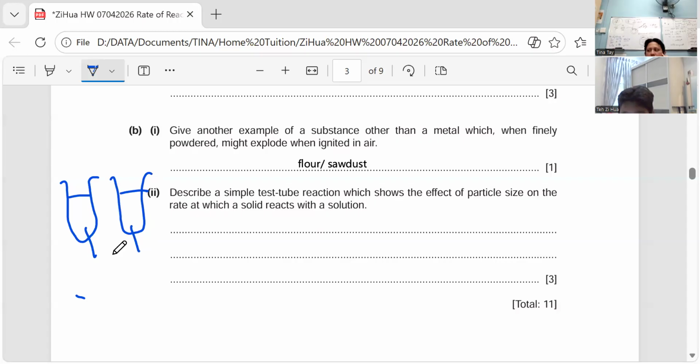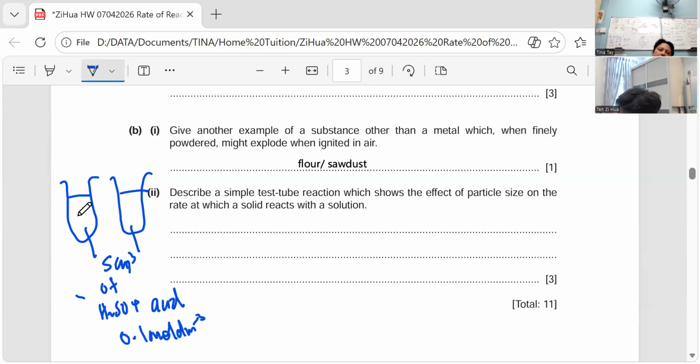You put 5 cm cube of sulfuric acid in each. The first one you put 1 gram of zinc pieces. The other one you put 1 gram of zinc powder. And then you see which one dissolves faster.